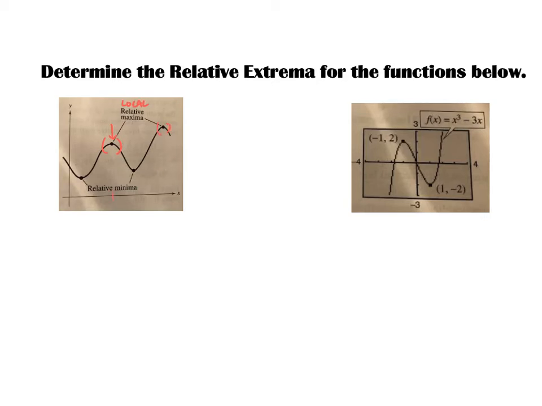So I could say that there'd be a relative max at B, x equals B, and x equals D. Whereas there's a relative minimum, or a local minimum, at x equals A and x equals C. So I could say there are local minimum at x equals A and x equals C.